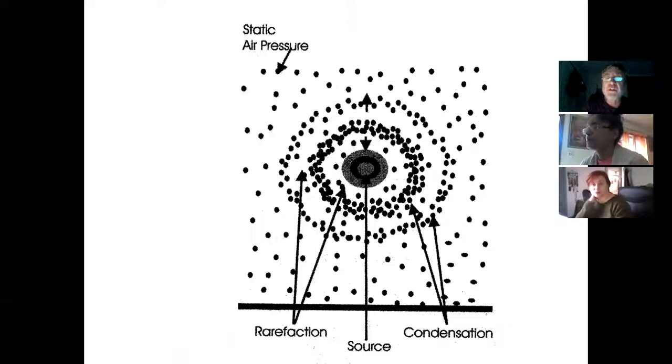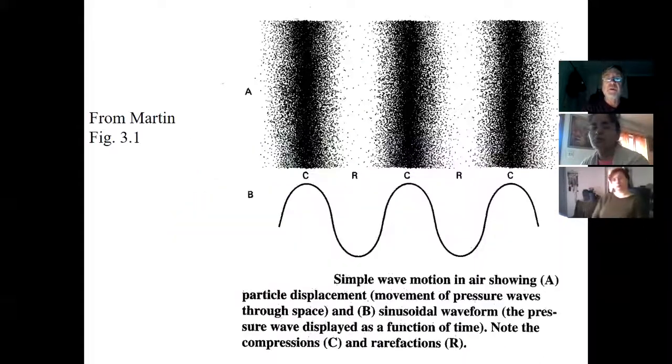If I show you this way, one squeezing, one separating, condensed or compressed, you can see where I'm circling, rarefacted or spread out. Condensed, rarefacted. The condensed, the wave is drawn up. Rarefacted, the wave is drawn down.